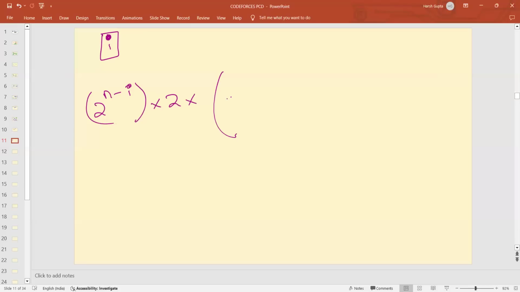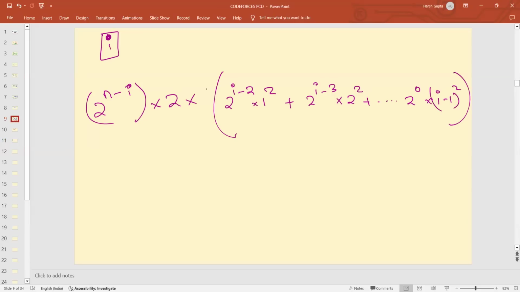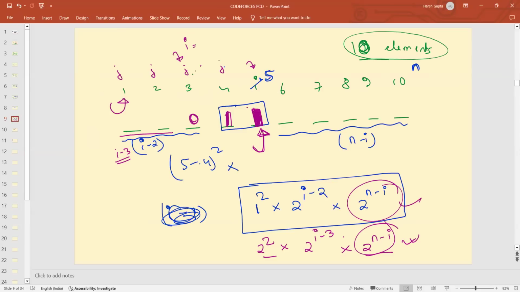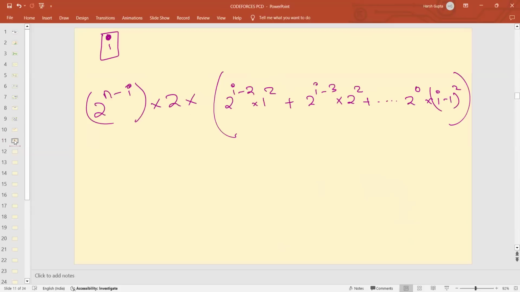You will get 2 power I minus 2 multiplied by 1 square plus 2 power I minus 3 multiplied by 2 square plus dot dot up till 2 power 0 multiplied by I minus 1 square. Because if you look at the last j, what will be the difference? The difference will be I minus 1 for the last j, isn't it? And what is the number of characters towards the left? 0, so 2 power 0. That's the reason we go till 2 power 0 times I minus 1 square.